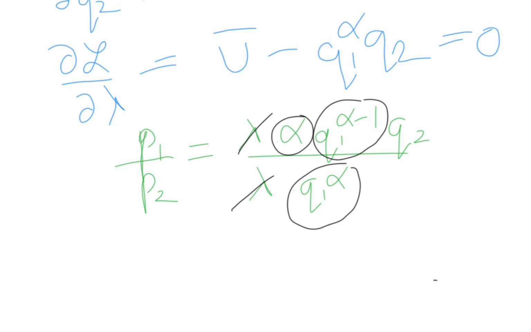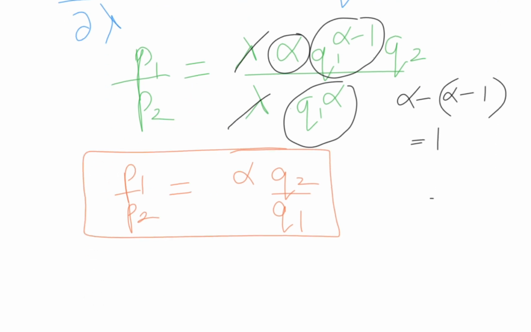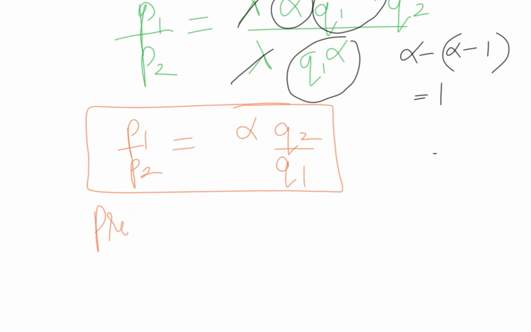So we'll put it in the denominator as alpha minus 1, which leaves us with just 1. That means P1 by P2 is equal to alpha Q2 by Q1. This is very similar to your traditional equation of price ratio is equal to MRS. But in the exam, it would have been better if you show the Lagrangian derivation. But essentially the result is the same, that is MRS is equal to price ratio.